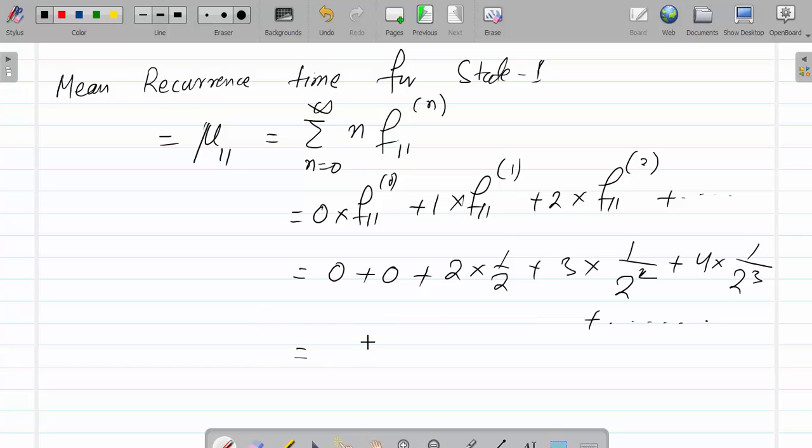So this will be equal to summation n equal to 2 to infinity of n into half to the power n minus 1.